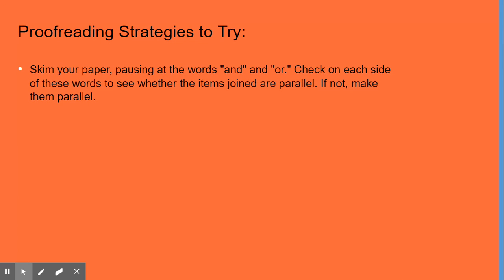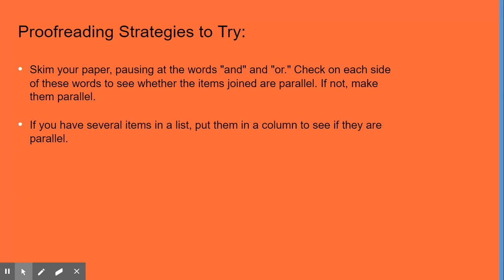You want to check each side of these words to make sure that the items that these conjunctions join are parallel. If they're not parallel, you can change the word to make it fit. If you have several items in a list, try to put them in a column before you actually write them down to make them parallel.